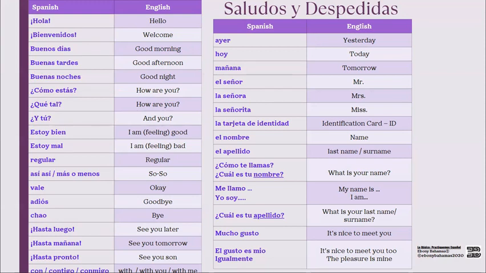You should know Mr., Mrs., Miss. ID card, your name, your surname or last name, that's apellido. ¿Cómo te llamas? What is your name? My name is, what is your last name? So again, see that word there, ¿cuál es tu apellido?